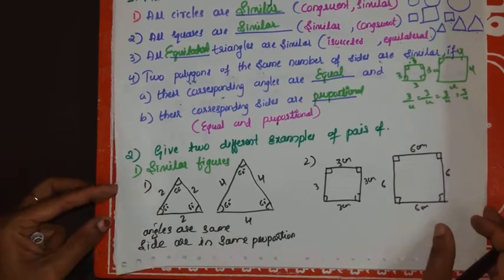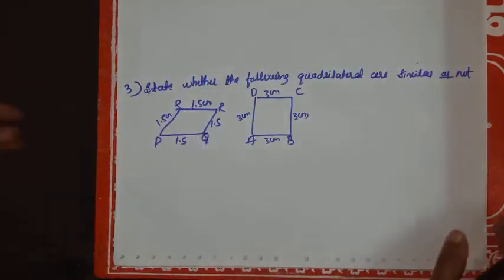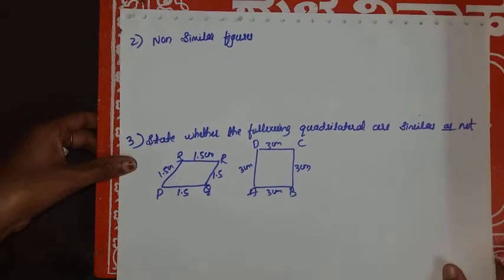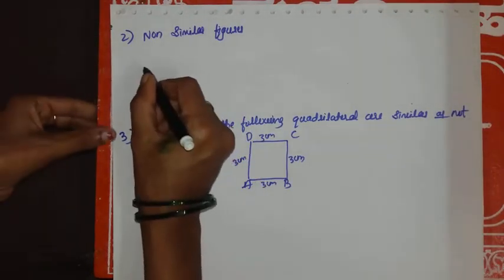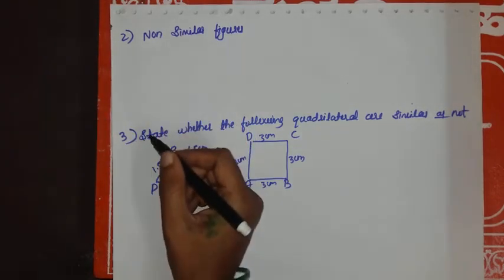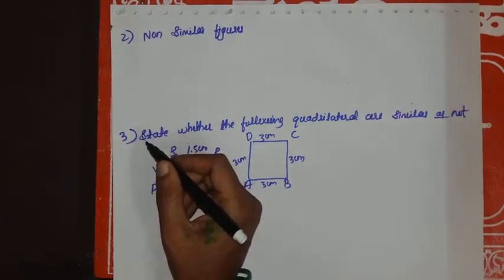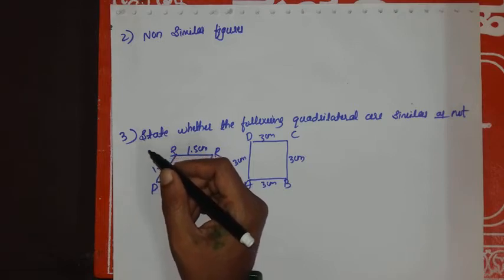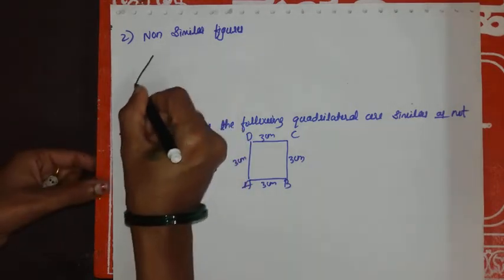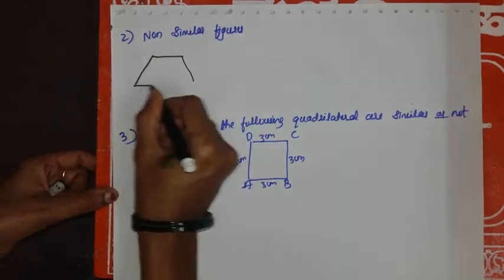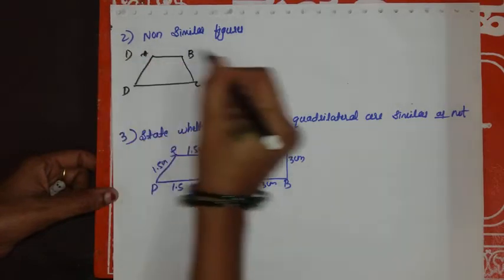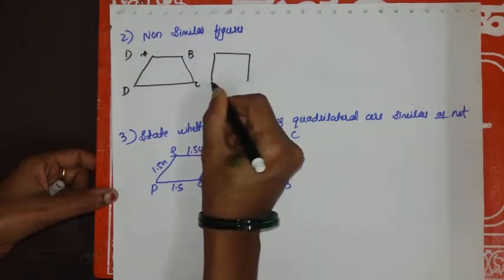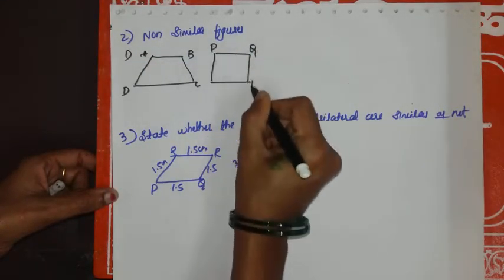Now the second part is non-similar figures. Non-similar means the angles are not the same or the sides are not in proportion. So here I take one trapezium ABCD and another, a square PQRS.